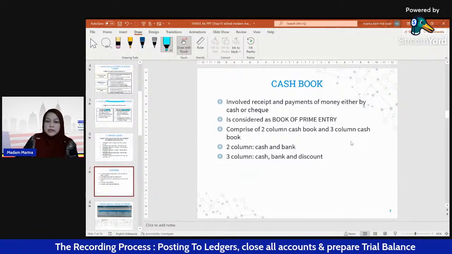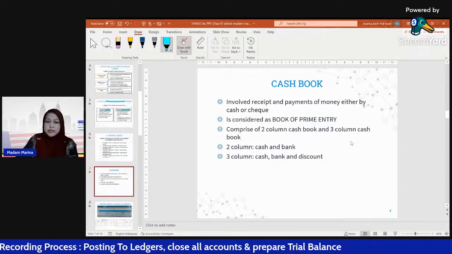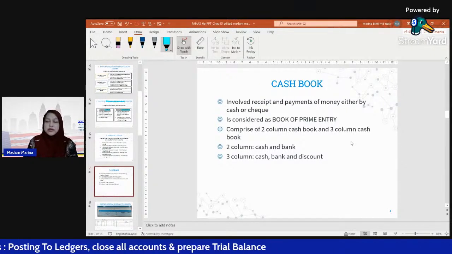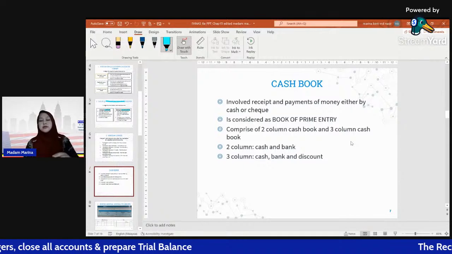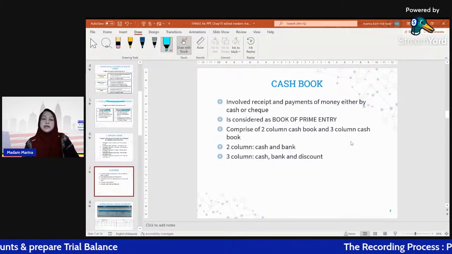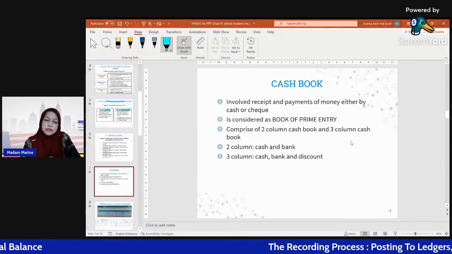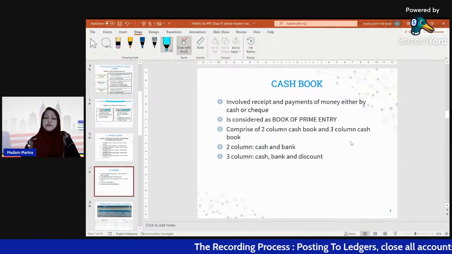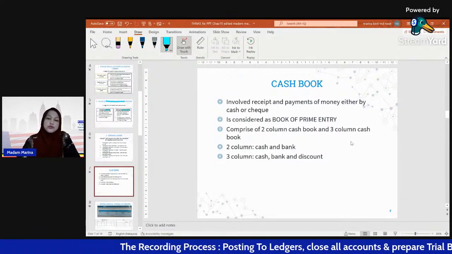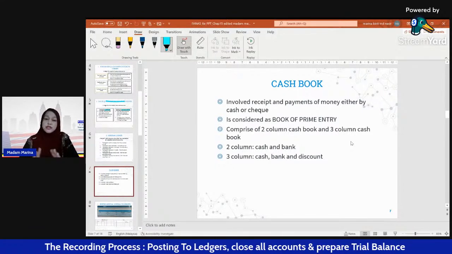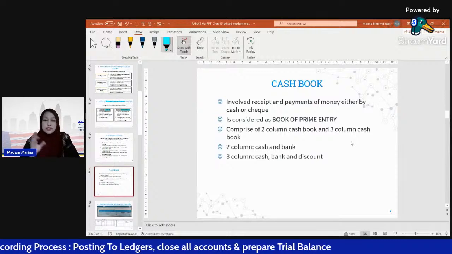Okay, this is the cash book. I already explained about the cash book before this. This slide is repeated because we also need to post the cash book to the ledger.